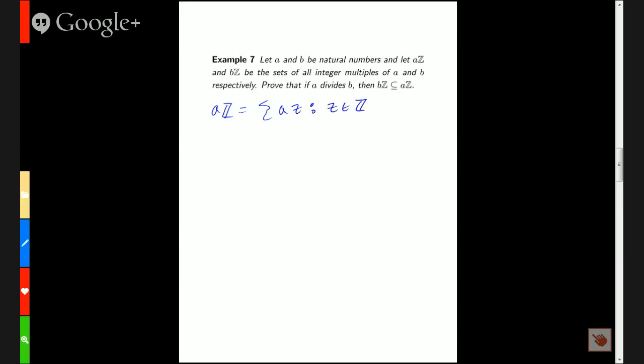aZ is the set of all a times little z, where z is in boldface Z. And bZ then is going to be the same thing, but it's b times little z, where z is in capital Z. And we want a and b to be natural numbers.